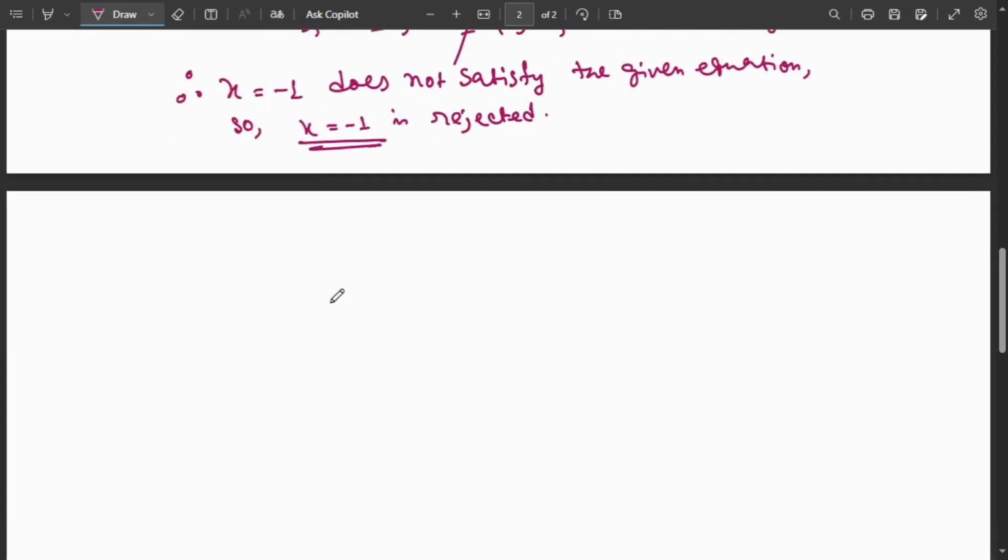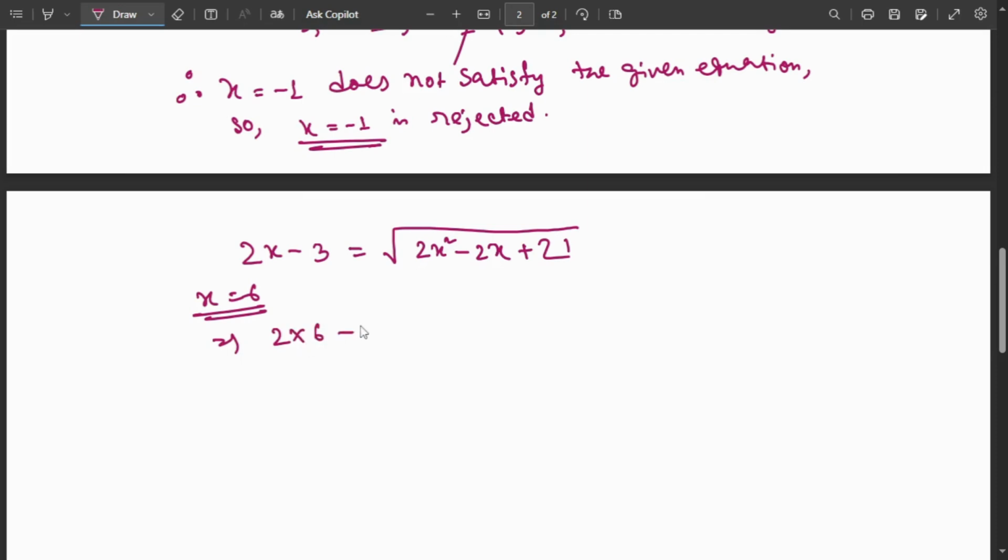Okay, x equals to 6, the other root of the given equation. So first write the given equation: 2x minus 3 equals to square root of 2x square minus 2x plus 21. Substitute x equals to 6. So what we get? 2 into 6 minus 3 equals to square root of 2 into 6 square minus 2 into 6 plus 21.